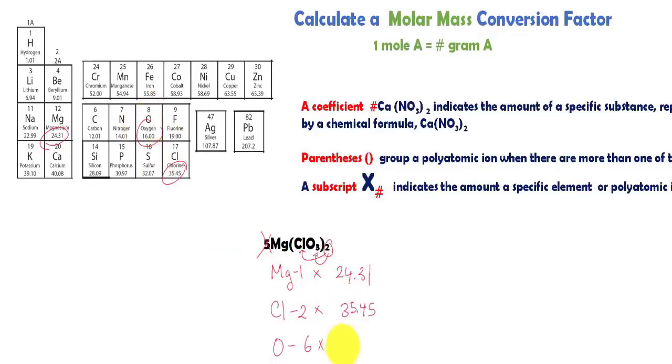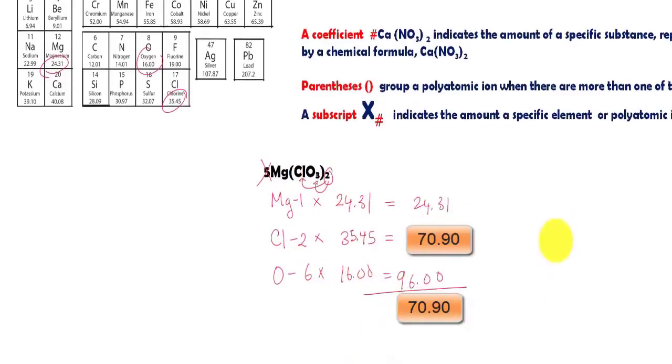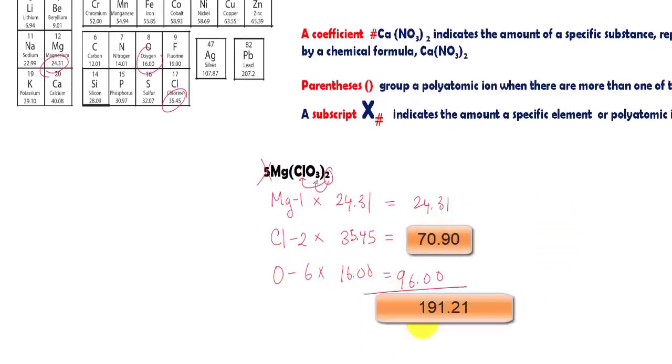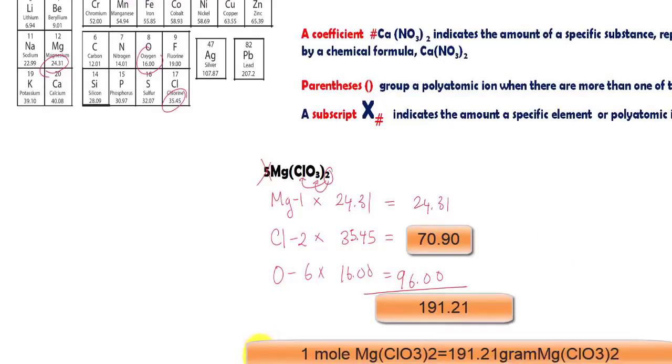Oxygen, 16.0. And we use our calculator to multiply. We have 24.31 for the total mass of magnesium, 70.90 for the total mass of chlorine. For oxygen, it would be 96.00 grams, because there are 6 of it. And then again, we find the total. And let's express this as a conversion factor.